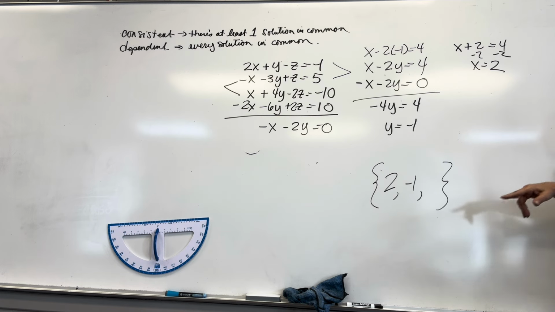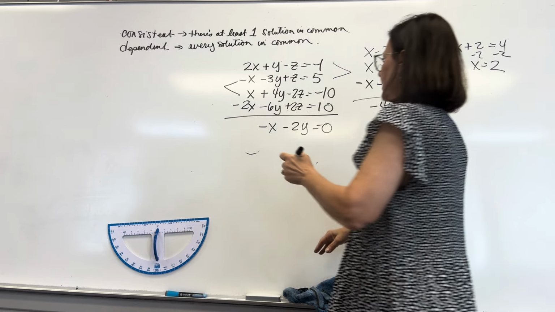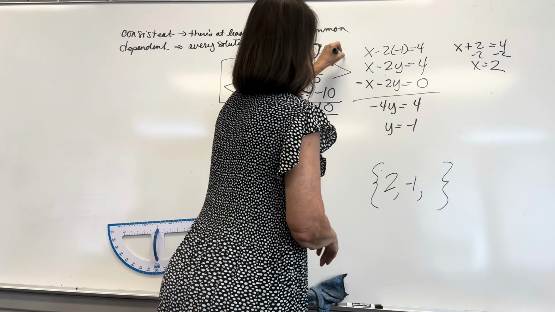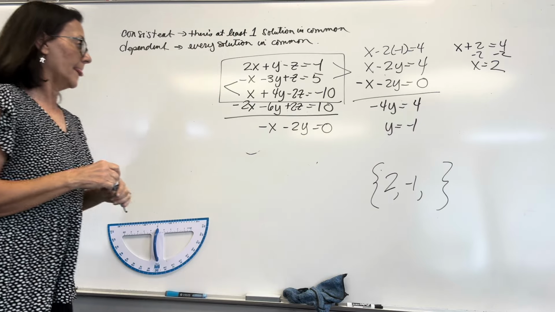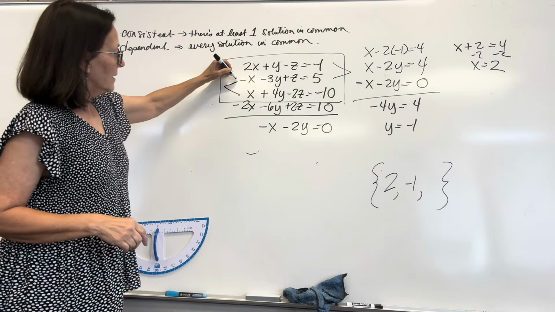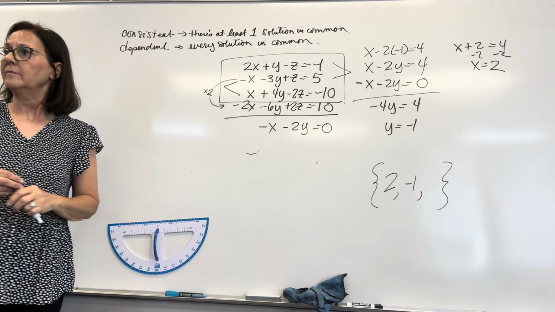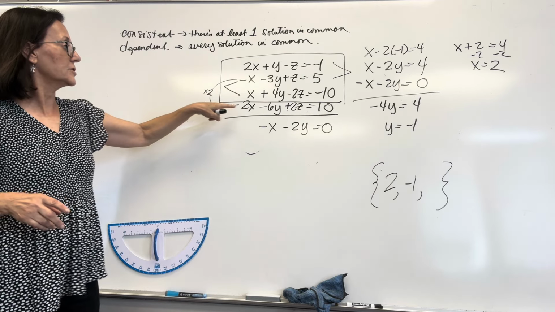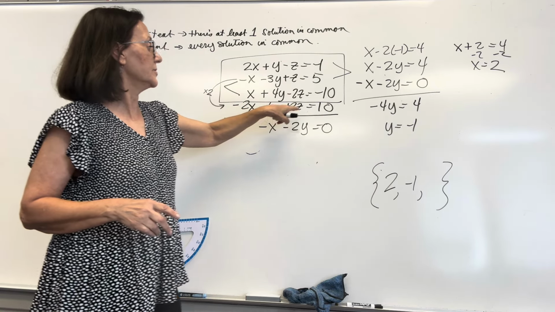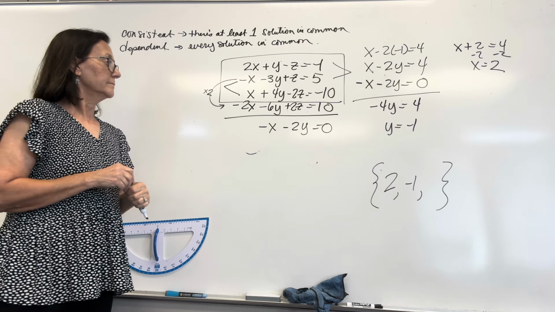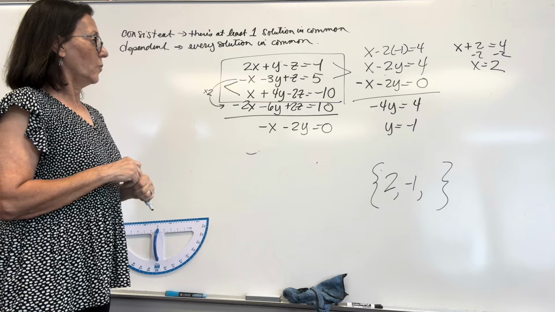Now I have 2 of them. I have to go back to one of the 3 original equations. Here are the 3 original equations. What did you write under the 3 original ones? Times 2. I multiplied the middle one times 2. 2, 6, 2, 10. All right, I'm solving for z.